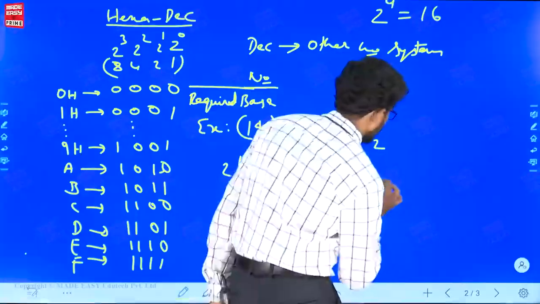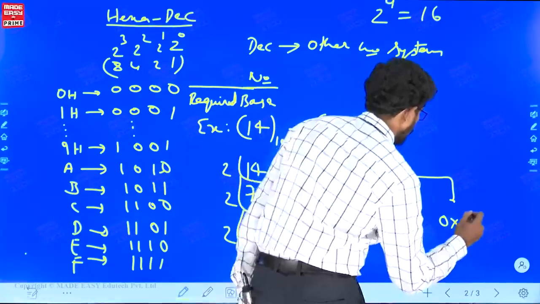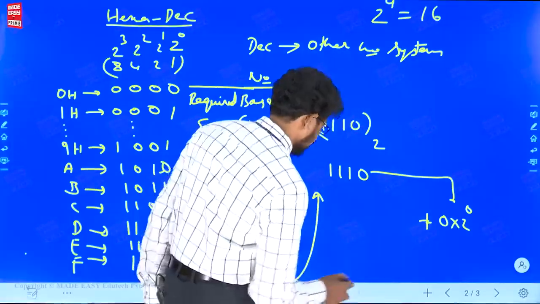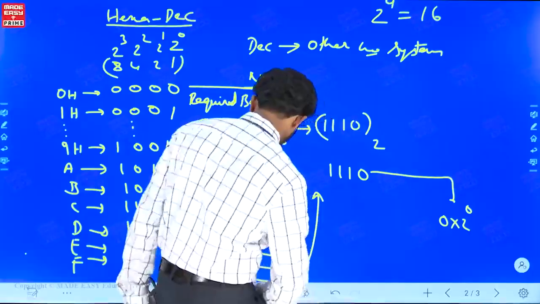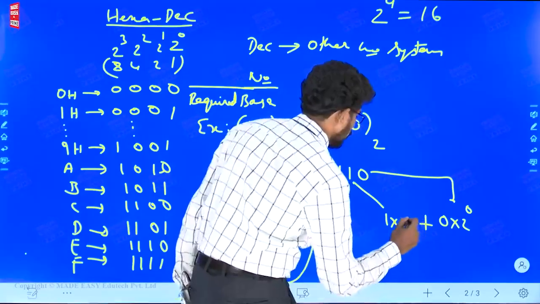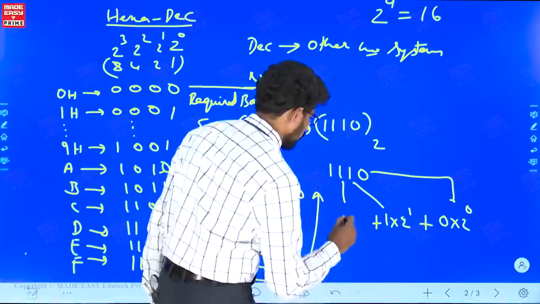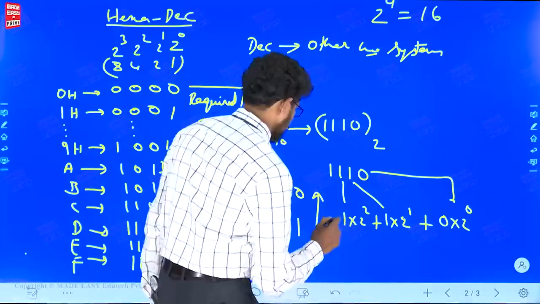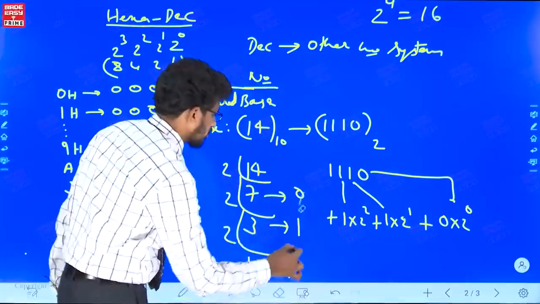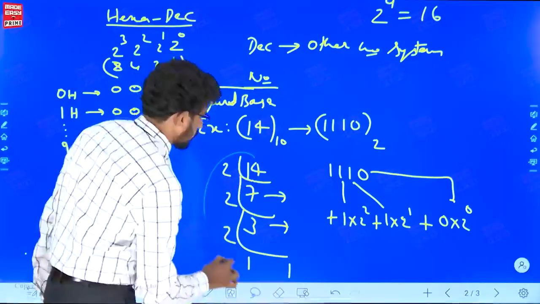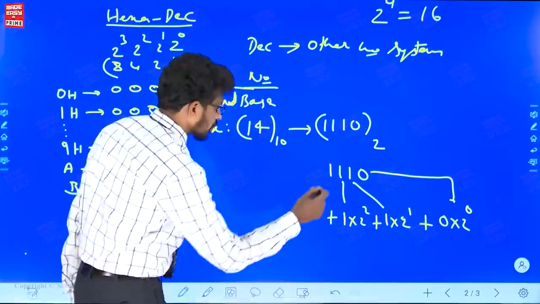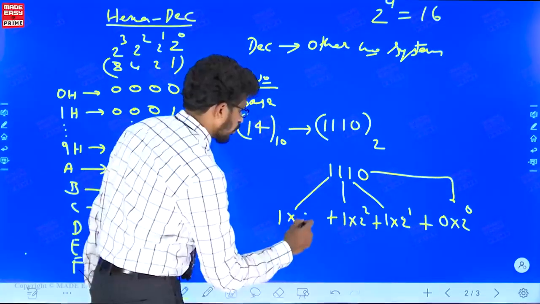Now take this value, for example, 0. 0 into what is the weight? 2 power 0, plus this 1 into 2 power 1, plus this 1 into 2 square, plus this 1 into 2 cube.